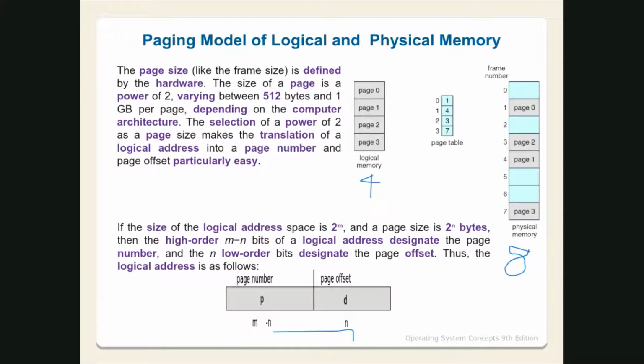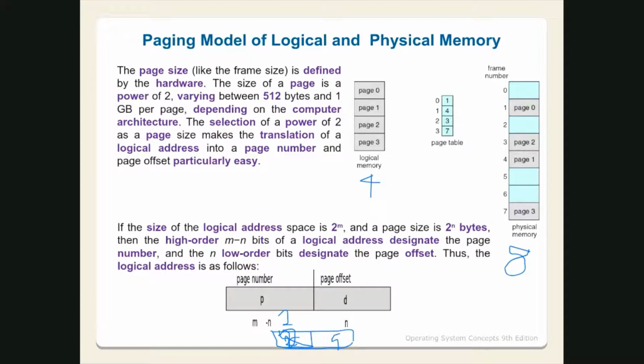Let's consider the logical address, which is like 2 and 5, I'm putting it in decimal. What is the 2 here? 2 is the page number. 5 is the offset.